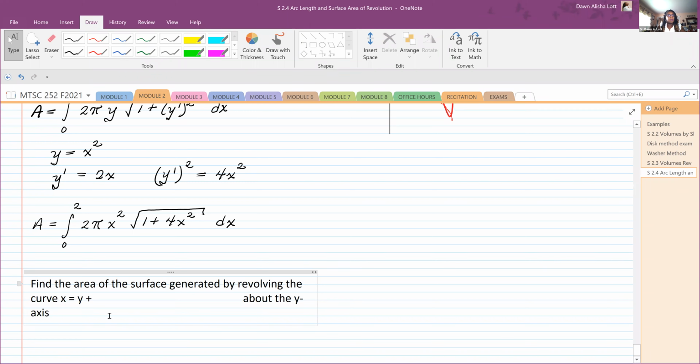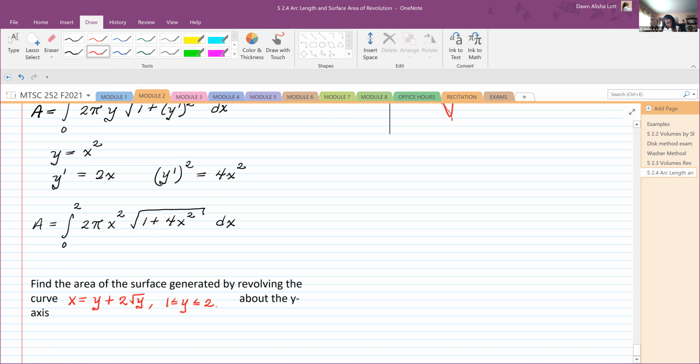Okay, so the curve is x equals y plus 2 the square root of y, on the interval 1 less than or equal to y less than or equal to 2, and I'm revolving that about the y-axis.